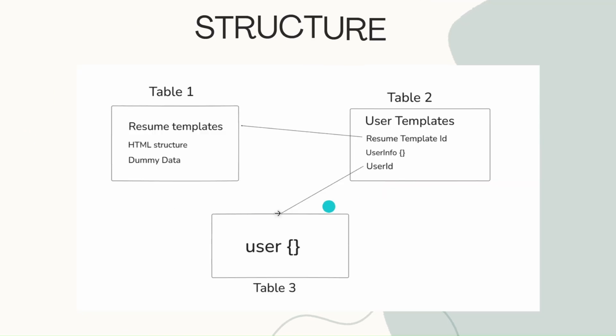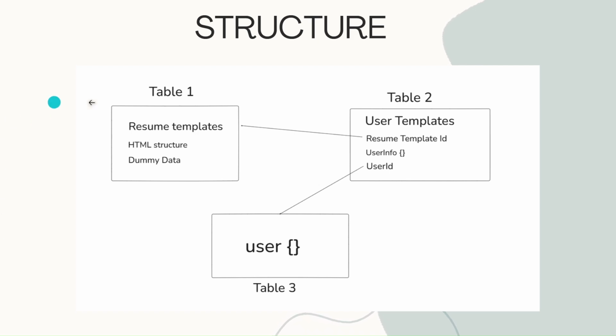If I explain it in a very simple format, basically we have three tables. One is for storing all the resumes, another one is for storing users' selected templates, whatever the user has selected, and the third one is to store the general user information.